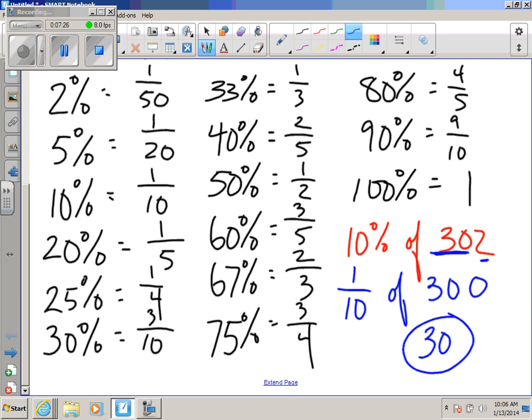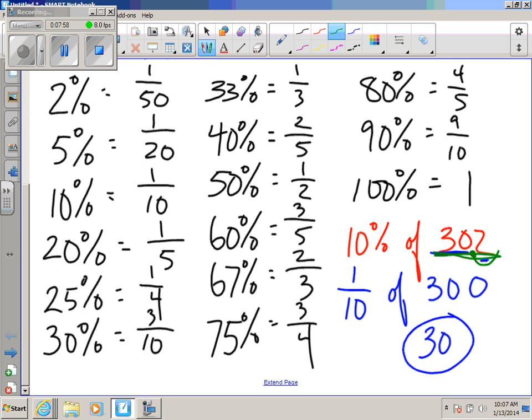Now here's the other way to look at it. Could we have kept it the same? Is 302 divisible by 10? 10 we also know as a power of 10. Could we divide 302 by 10? Very easily. How? Move the decimal one place to the left. We just divided it by 10.